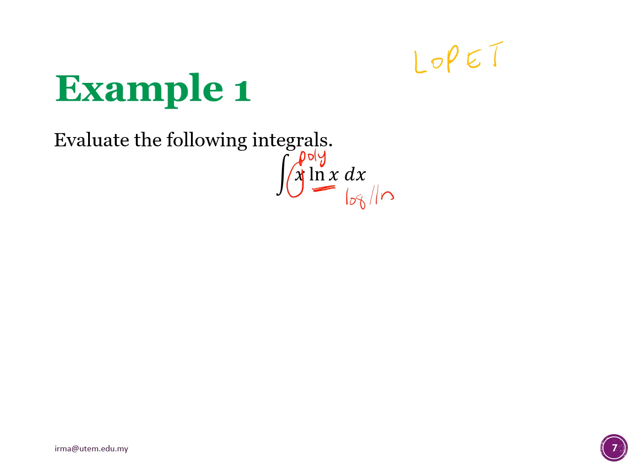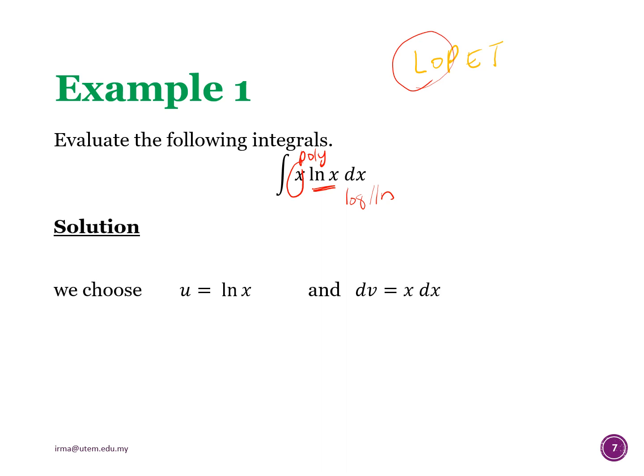By using the LIPET rule, we can see that ln comes first, so we will choose u as ln x, and dv becomes the others. Since we have chosen ln x as u, the rest, which is x dx, will become dv.